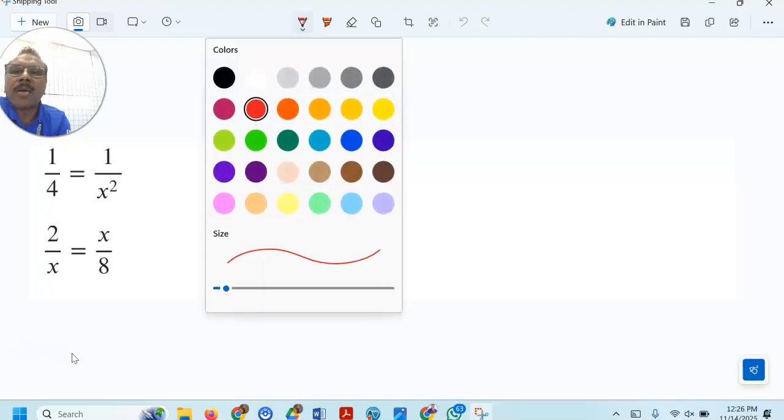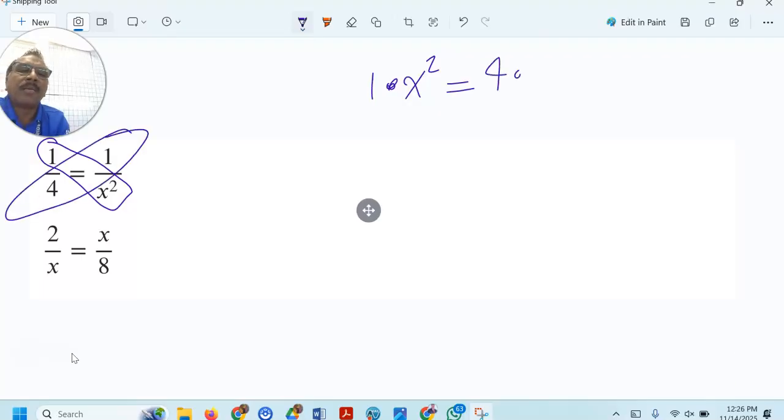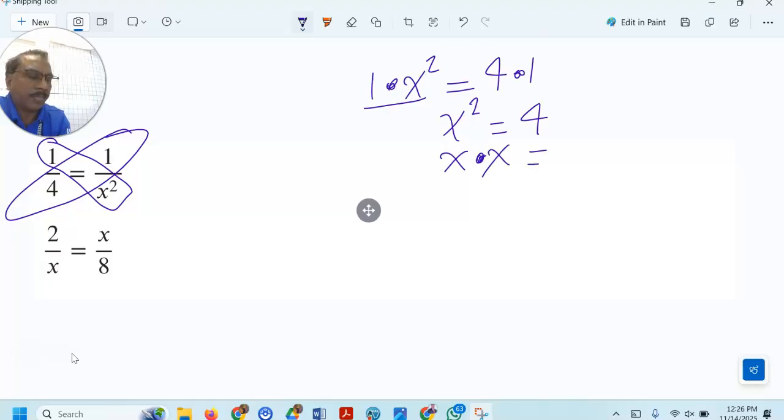So the third one is, again, I'll do the blue color to multiply 1 times x. I'll write 1 times x squared equals, then this one 4 times 1. Okay. So 1 times x squared is x squared. 4 times 1 is 4. Now what does this mean? x squared basically means x multiplies to x itself gives you 4.